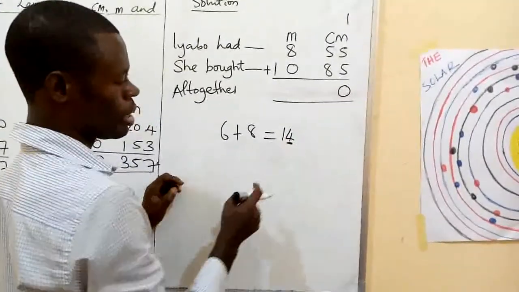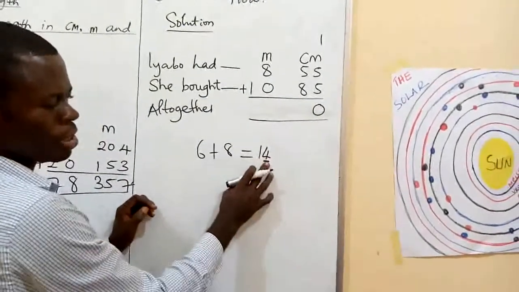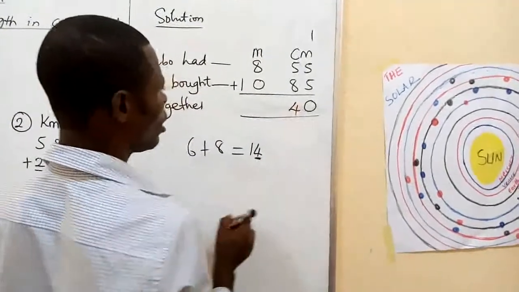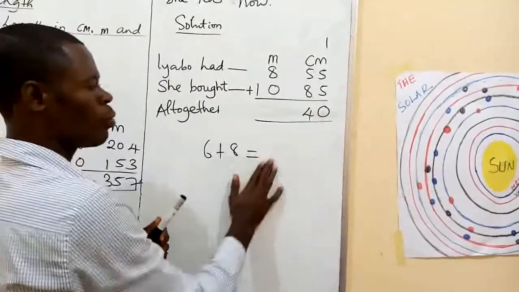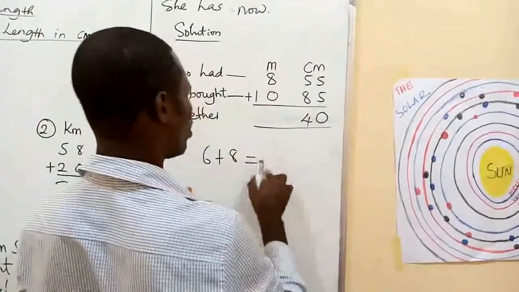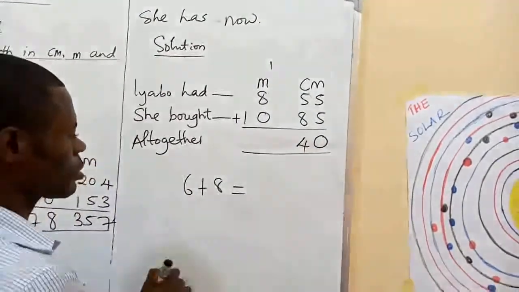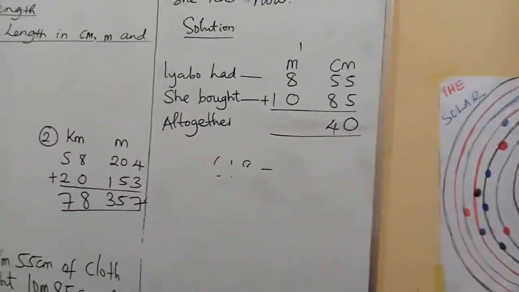That is the unit digit. The unit digit is 4. So you are writing 4 as your answer under there, while you carry over the 1 to the next column. The 1 from the 14 is carried over to this column.